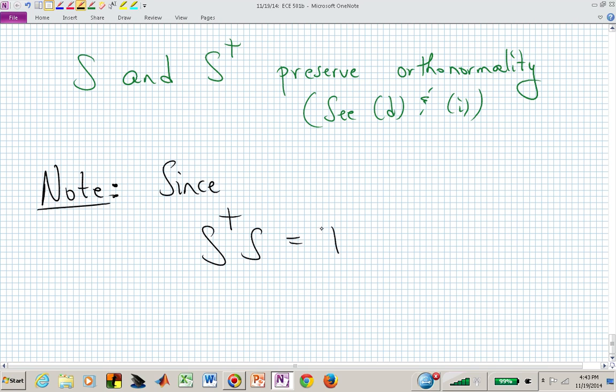That's the identity, and that came to us from statement C. But we also know from its twin statement down below, which we didn't explicitly write down, that S S dagger is also the identity, where we just interchange the adjoint and the operator with each other.